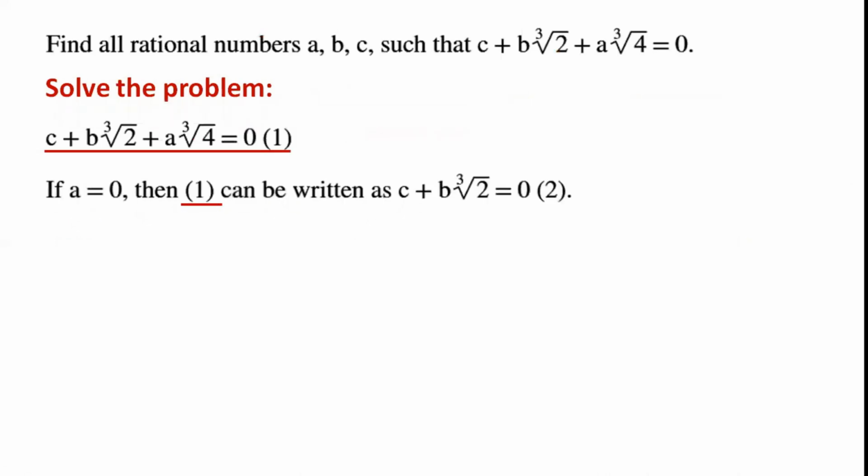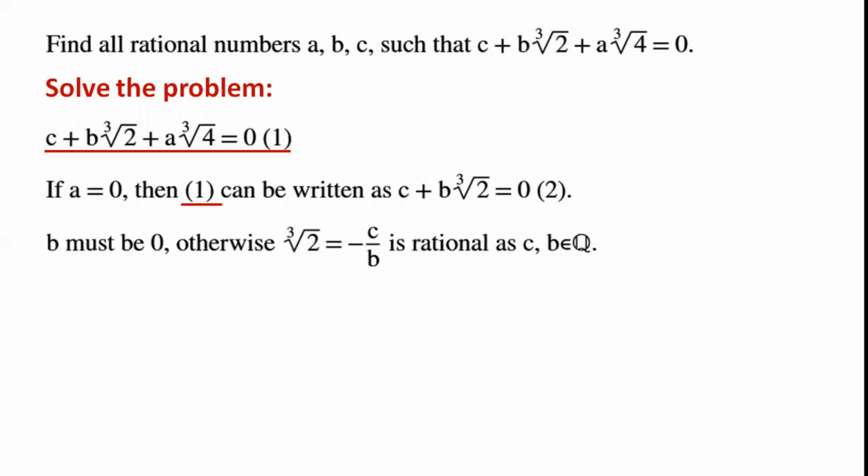If a equals 0, then equation 1 can be written as c plus b times the cube root of 2 equals 0. b must be 0, otherwise the cube root of 2 equals minus c over b is rational, as c, b are rational numbers.